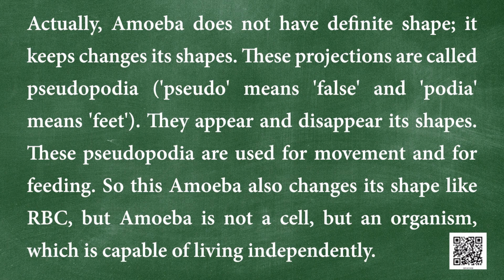Pseudo means false and podia means feet. They appear and disappear. These pseudopodia are used for movement and for feeding. So this amoeba can also change its shape like RBC, but amoeba is not a cell, it is an organism. And this amoeba is a single cell organism, that is a unicellular organism, and it can live independently.